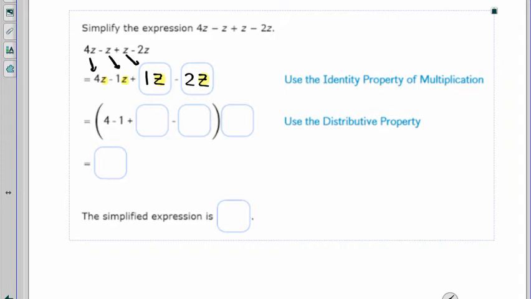So using the distributive property, I've got my z out here, and I have 4 minus 1 plus 1 minus 2. And 4 minus 1 is 3, plus 1 is 4, minus 2 is 2 times z. So my simplified expression is 2z.